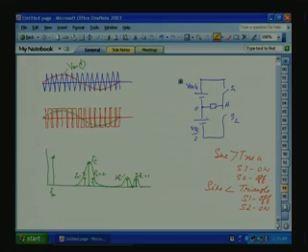Now, suppose I am using this for a UPS application. For UPS we want a pure sine wave output, so the purpose is to suppress the harmonics. In some cases we do not want to have high switching frequencies, so harmonics have to be suppressed, and sometimes we need to have some filter.